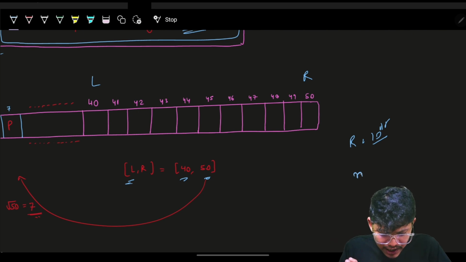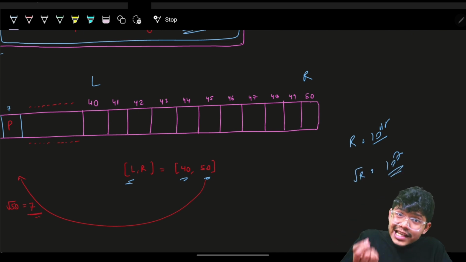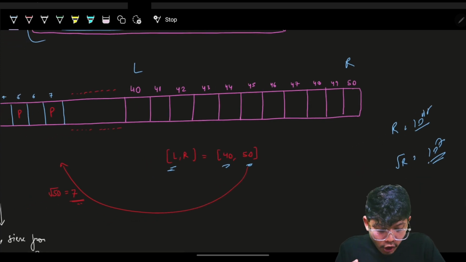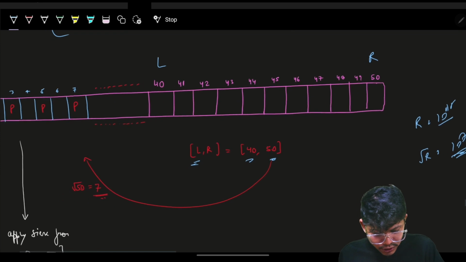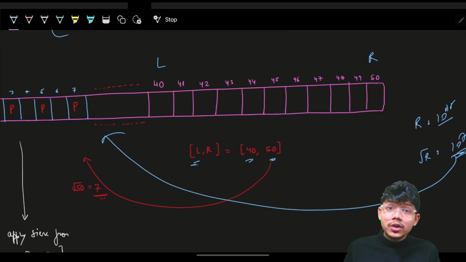Still, root R will be 1e7. So you can still find all the prime numbers in the range 1 to 1e7.